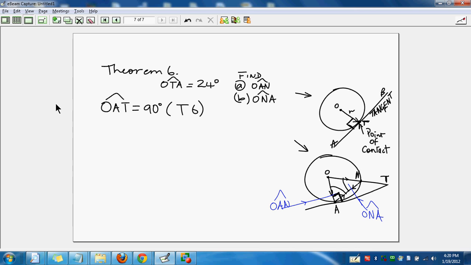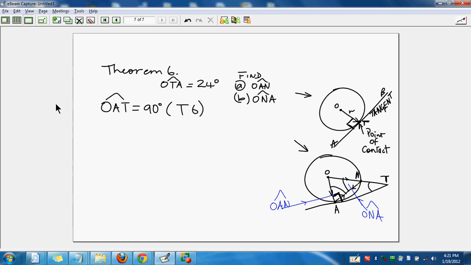Now, how is that helpful to us? One thing we didn't put in this diagram here was the angle up in the corner. Angle up in the corner was important. And that angle was actually 24 degrees.